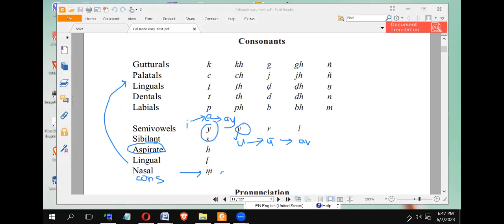This one also, no? Not cha, the ja, nya, nya. Yeah, nya. Nyamo, nyamo. Nya, right.